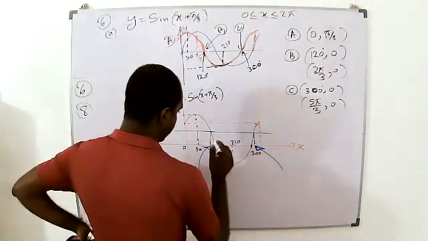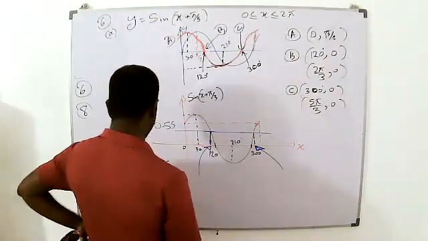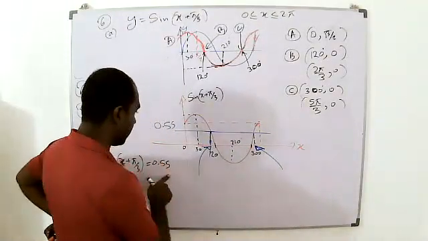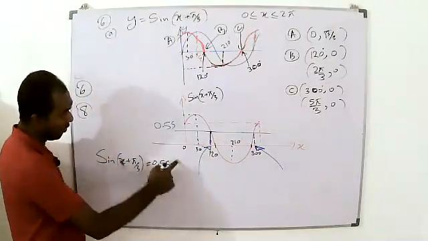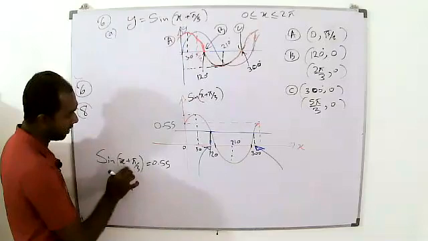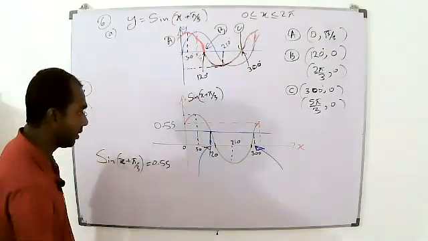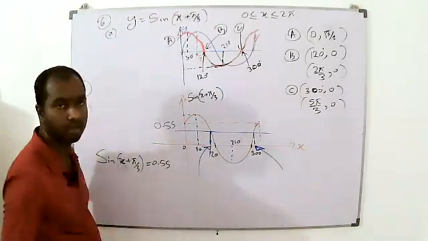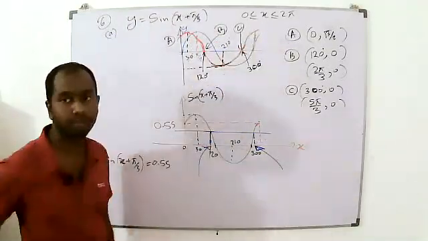Now you can't even use the calculator for this one. This is not the standard sine curve. If you use the calculator to find the value from this one, you are not going to get the proper values. You are going to get the values that are taken from this blue curve here.